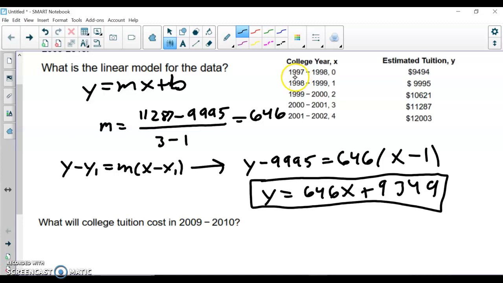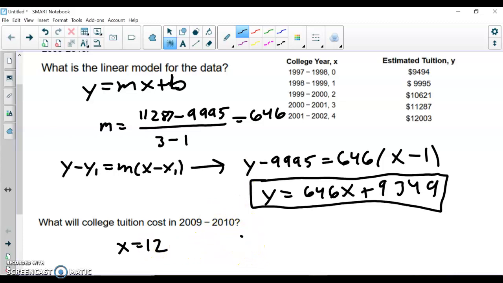So I'll start with 2009 and subtract 1997. 2009 minus 1997 is 12. So x is 12. Again, that's just 12 years after 1997, 2009. In some ways it's confusing where they give you this range. I like to just think of it as year 2009, even if it's December 2009. But anyway, x is 12.